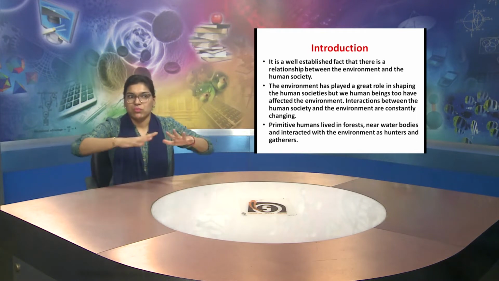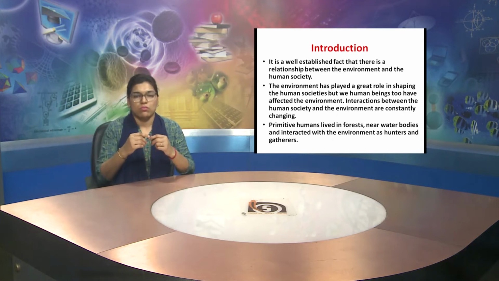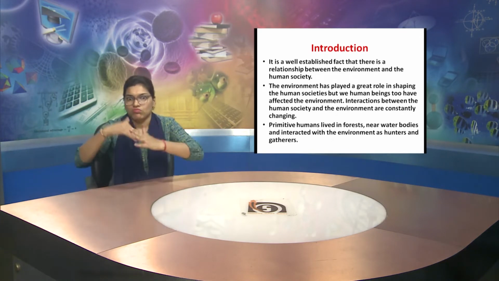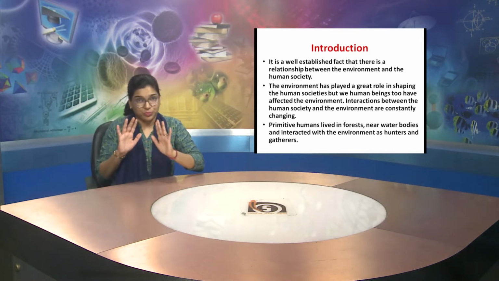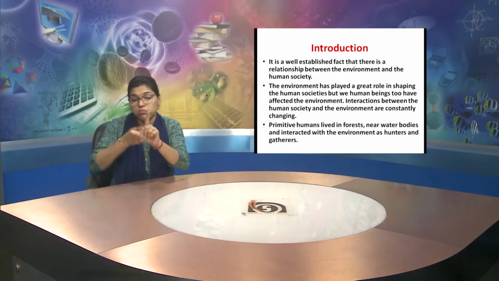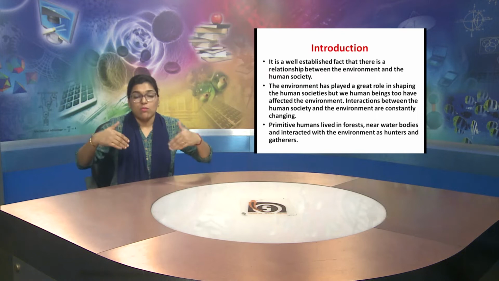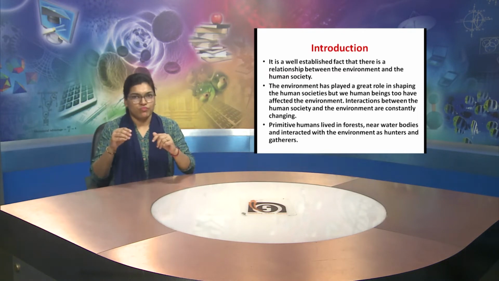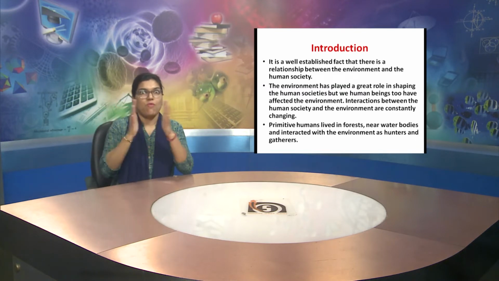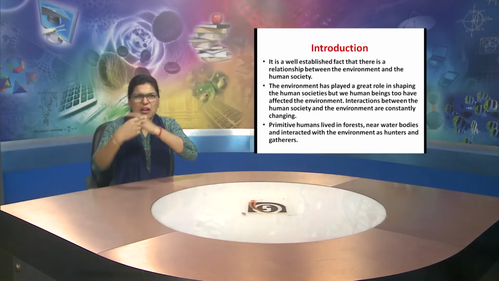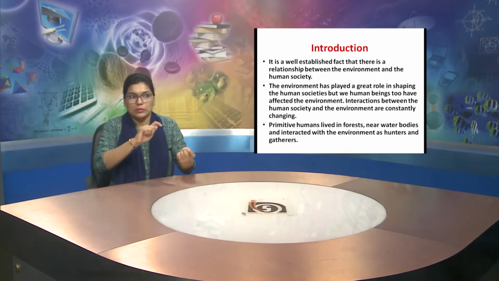Like humans, they cut so many trees and use those resources for making their buildings and constructions. So there is an equal give and take among both. Accordingly, there is interaction between human society and the environment, and it is constantly occurring.